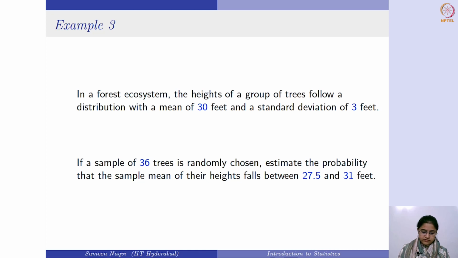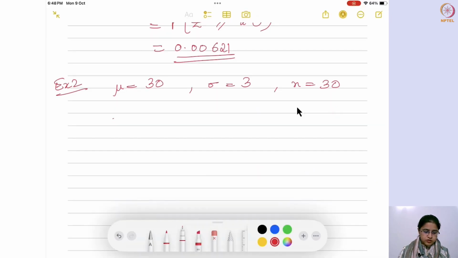In this second example, we are given mu as 30, sigma is 3, n is 36, and you have to find the probability that the sample mean lies between 27.5 and 31.